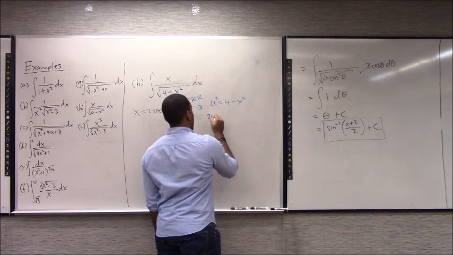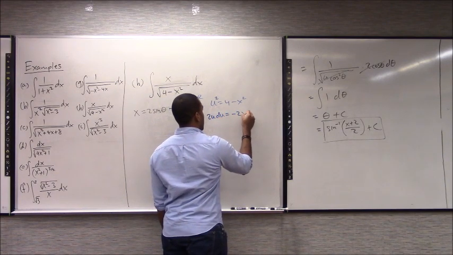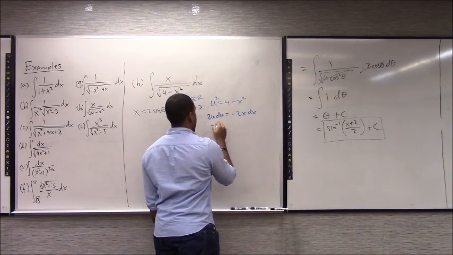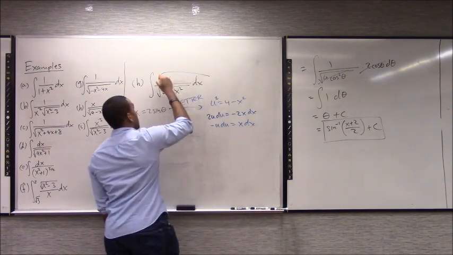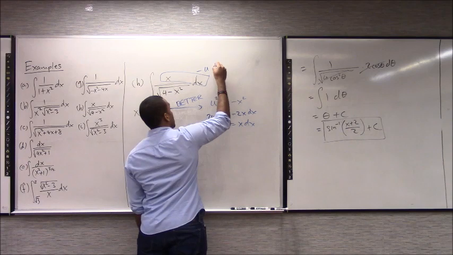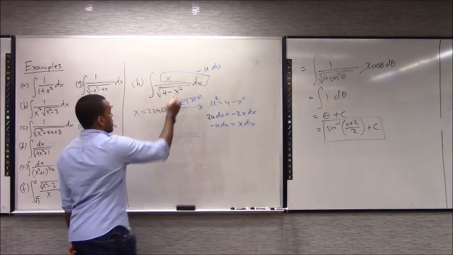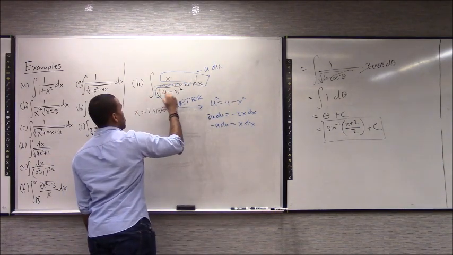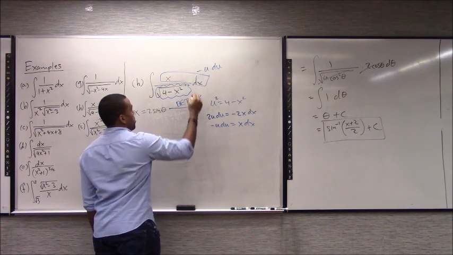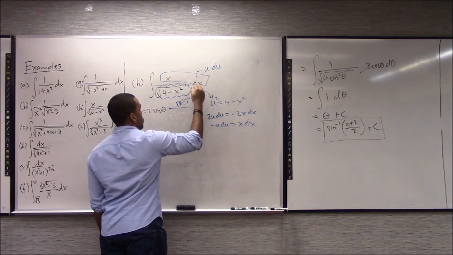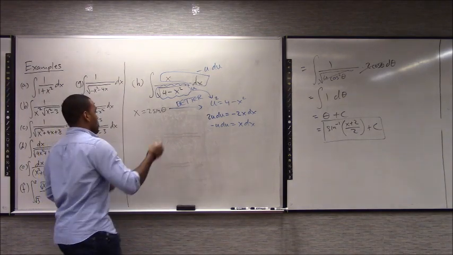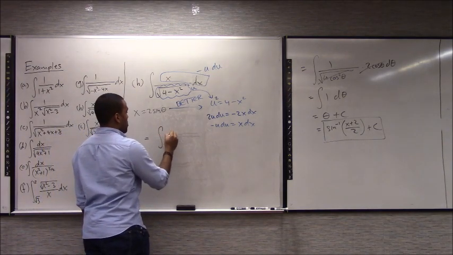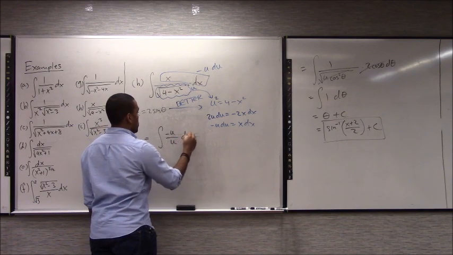So you get 2u du is equal to minus 2x dx. So you get minus u du is equal to your x dx. This part here is minus u du. And the denominator here, based on that, is going to be u. So you have minus u divided by u, du.